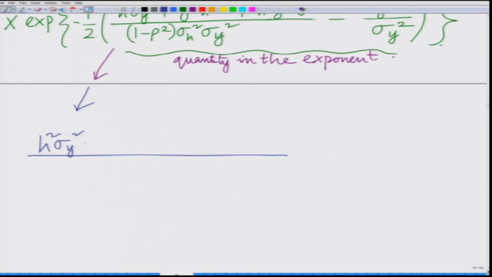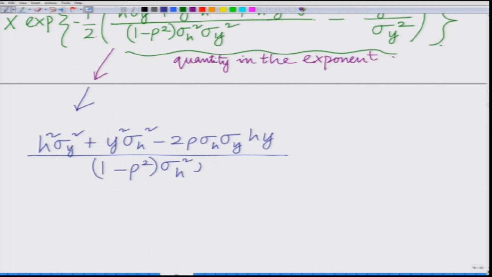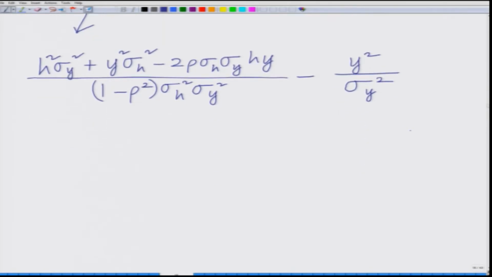That is, h square sigma y square plus y square sigma h square minus 2 rho sigma h sigma y h y, divided by 1 minus rho square sigma h square sigma y square, minus y square divided by sigma y square, and then I can combine these two.